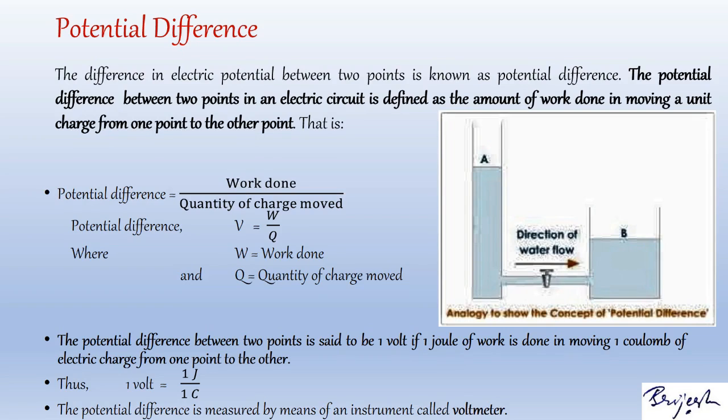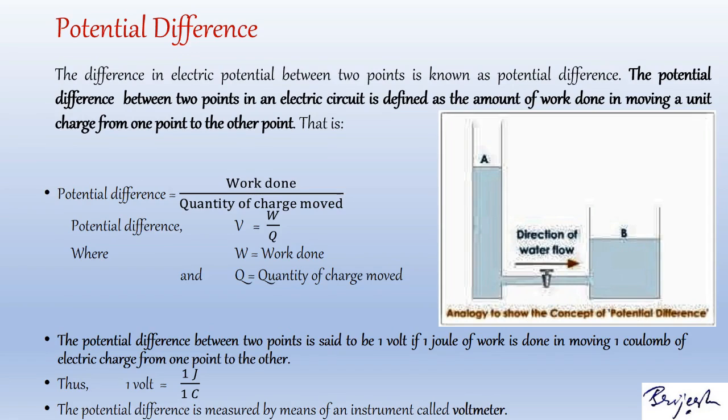That is, potential difference is work done per unit quantity of charge moved. Therefore, we say that V equals W by Q, where W is work done and Q is the quantity of charge moved. The SI unit of potential difference is volt, which is denoted by the letter V. The potential difference is also sometimes written in the symbols as PD.